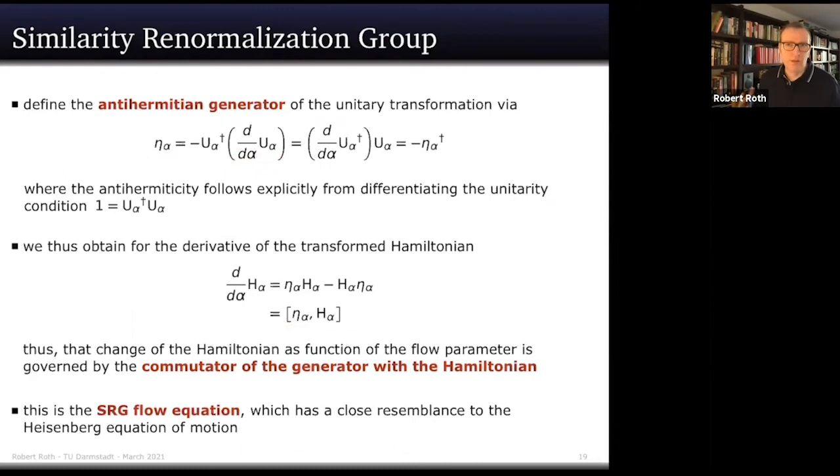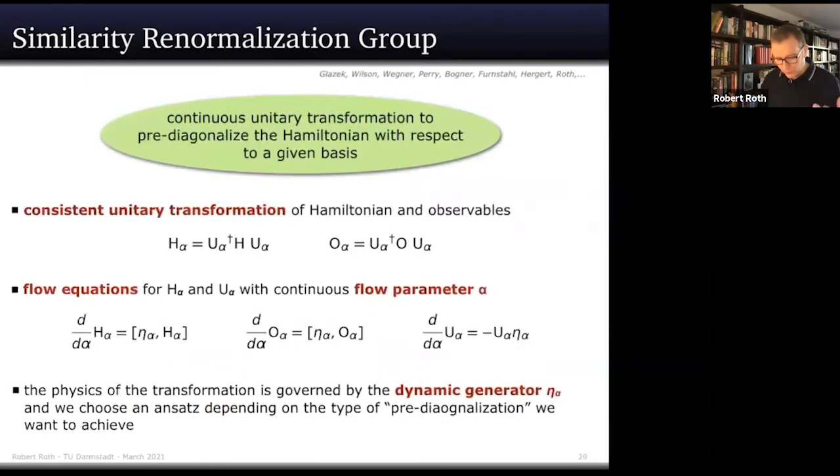But now we turn things around. We don't design a u, unitary transformation itself. We design the generator, which is much easier as it turns out. And if you do that, you have a full set of working equations which define this similarity renormalization group transformation.